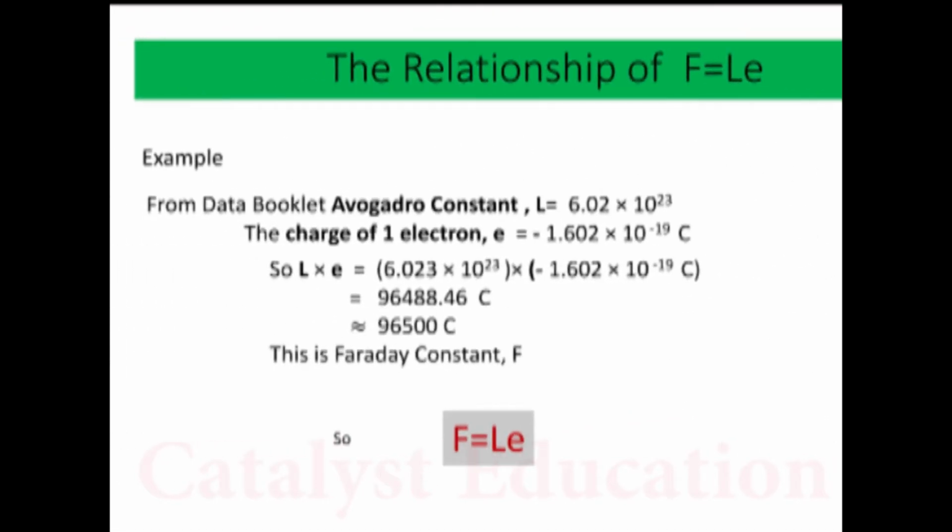From the data booklet, the Avogadro constant L equals 6.02 times 10 to the power 23.